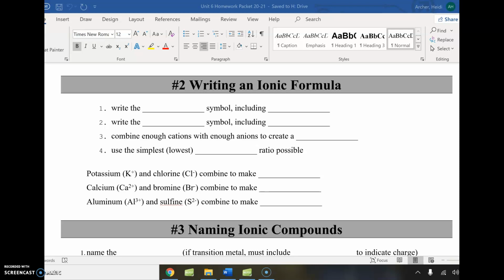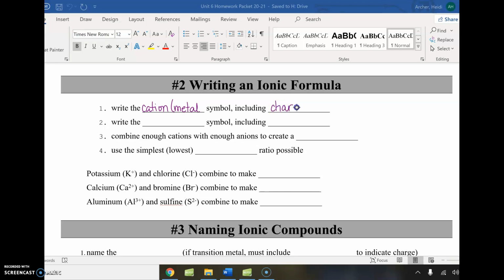When we write formulas for ionic compounds, we're going to write the cation first, which, remember, is your metal. And we're going to write that symbol including its charge number.